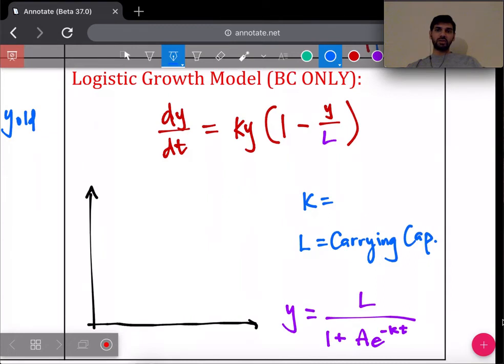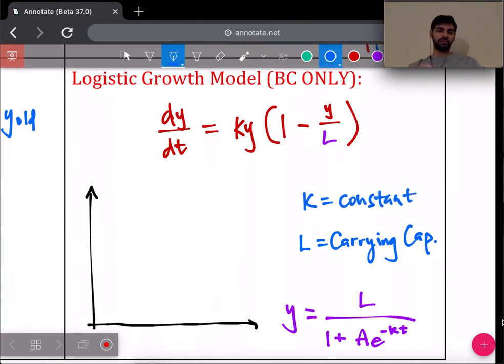The carrying capacity is whatever this number is down here. Okay, if your equation is given to you and it looks kind of like this, but a little bit different, you have to make it look like this: y over L, the variable y, or whatever the variable is, divided by some value. This value is your carrying capacity. K is just some constant number.